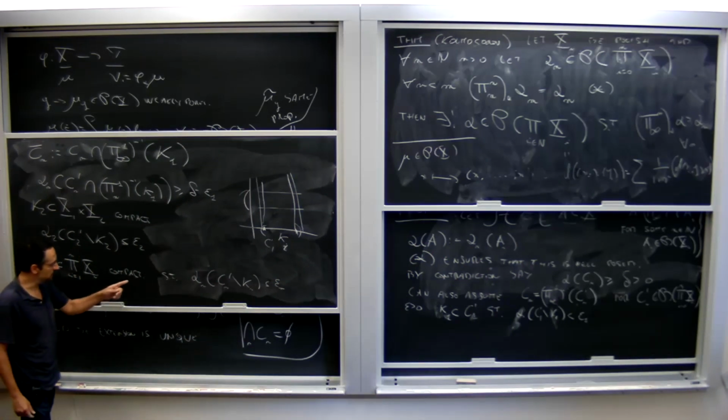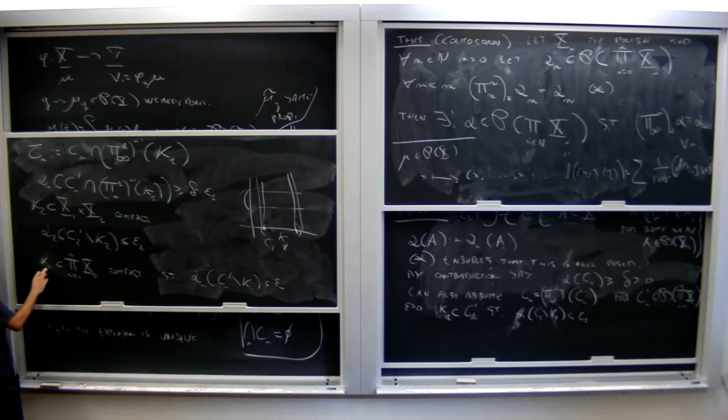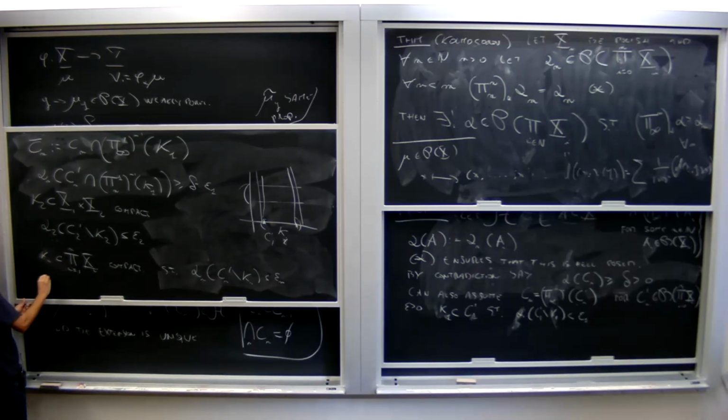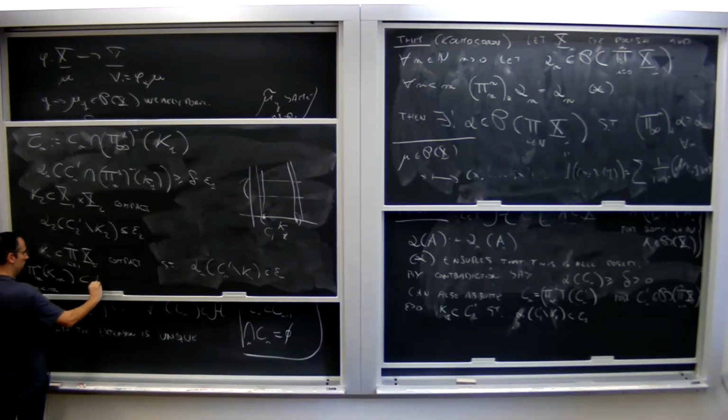And these compact sets have the following properties. First of all, if I pick Km and project it onto the n coordinates, imagine that n is smaller than m, then this is included in Kn.